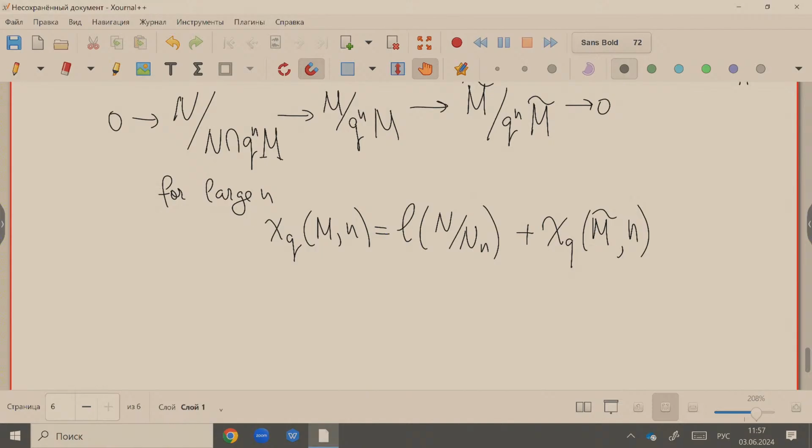We have to prove that the highest terms are the same, the highest terms with respect to n. So these are polynomials in n with the same highest term.